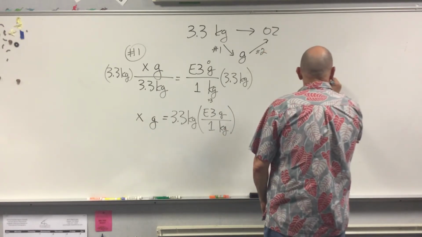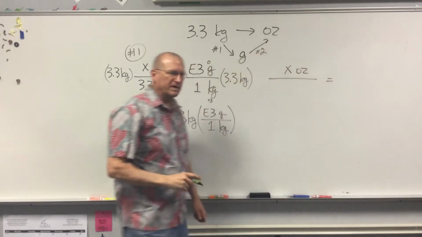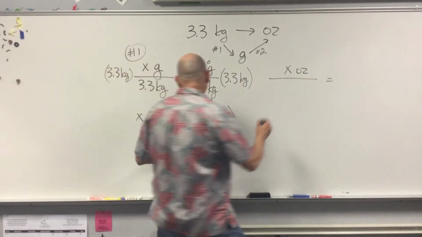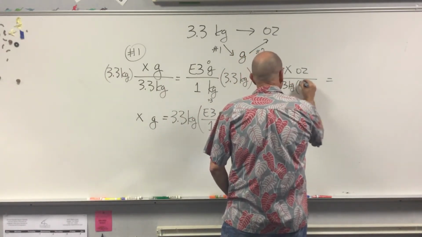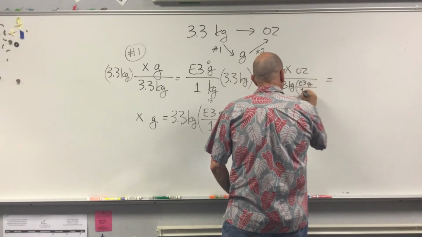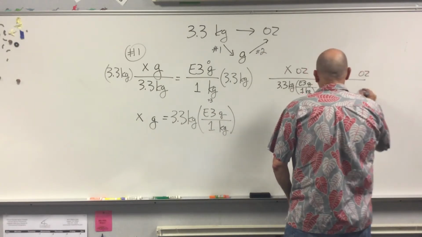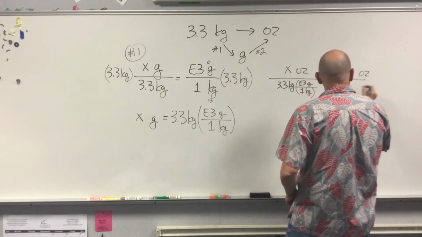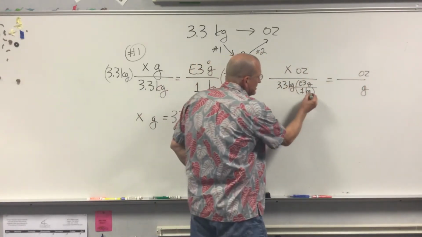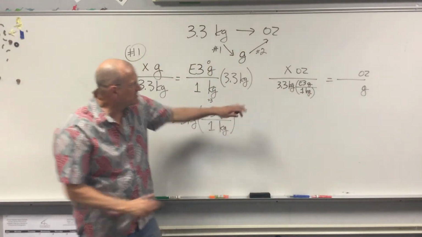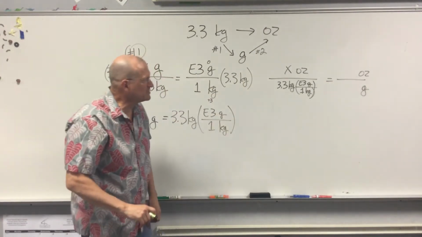So what I want to know is a certain number of ounces, and my starting value for grams would be this 3.3 kilograms times E3 grams over 1 kilogram. On the opposite side, I would need my conversion factor between ounces and grams, because remember, these kilograms as units would have canceled, so this value really represents a certain number of grams.